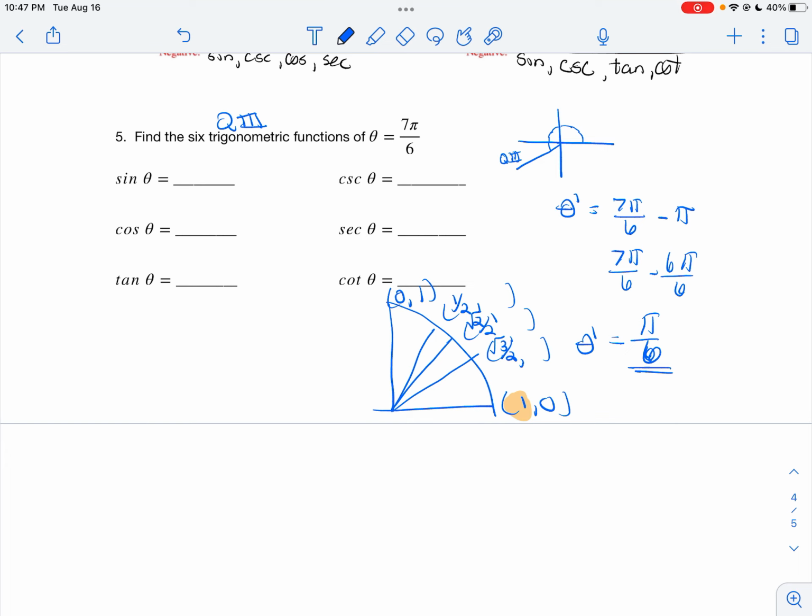All right. And now 0, I need to count up: 0, 1, 2, 3. Take the square root, divide by 2. Pi over 6, I know, is 30 degrees. And so that tells me I'm using this ordered pair.